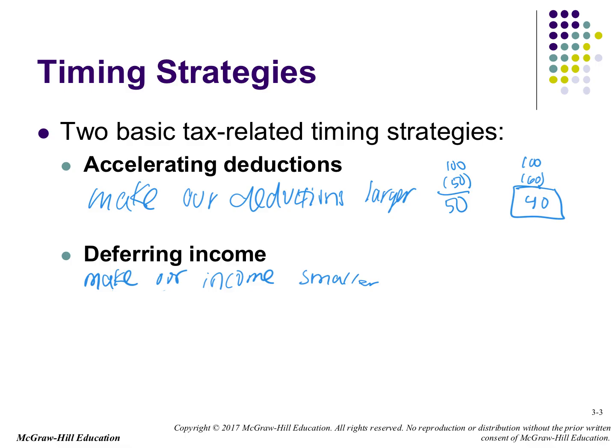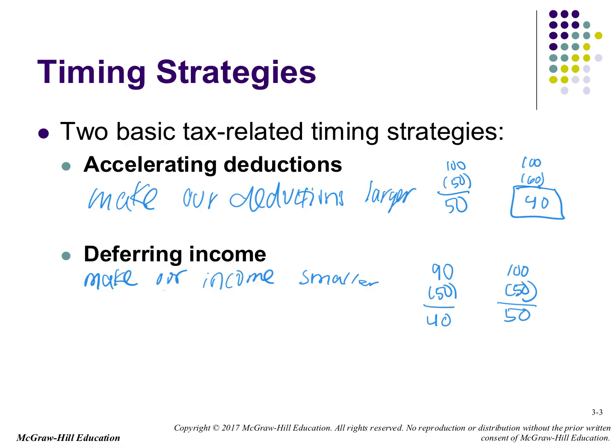So if we do some quick math with some small numbers off to the side, say we have $90 in income and $100 of income. And let's say we have $50 in deductions for both examples.